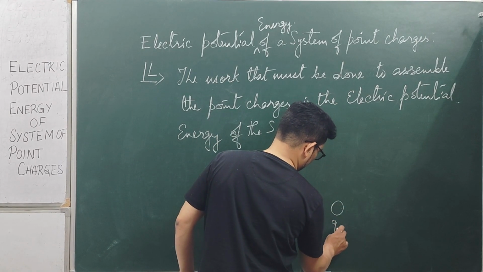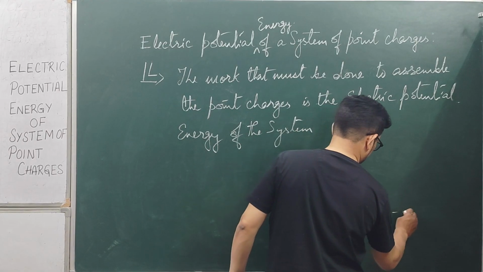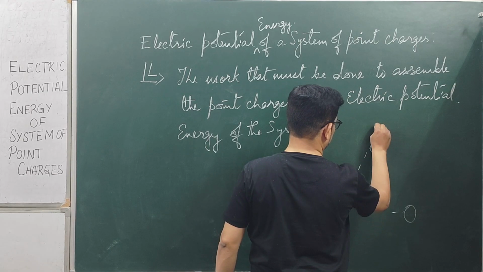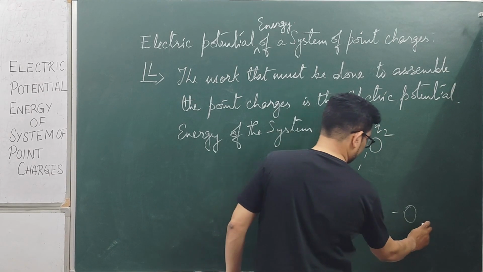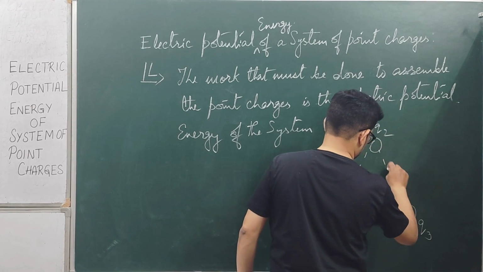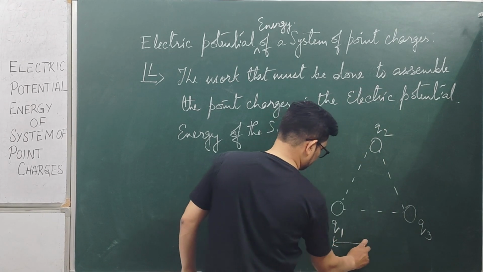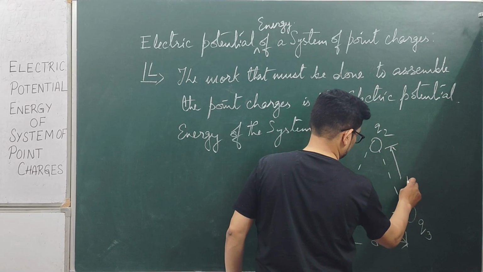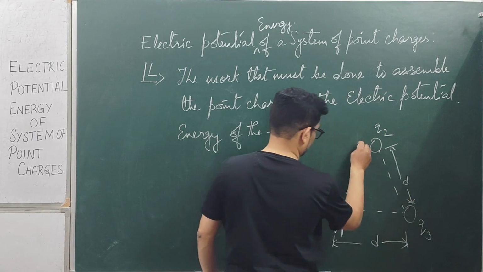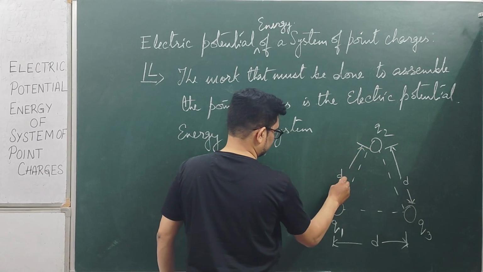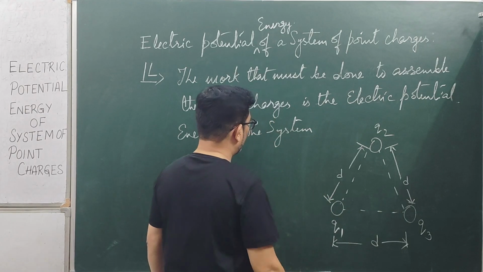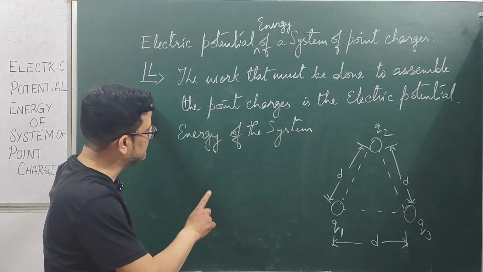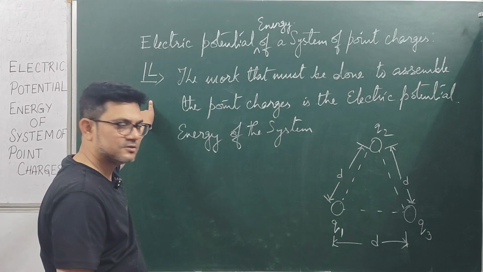Suppose here we have Q1, Q2, and Q3 in the form of a triangle, and for simplicity let's take equal distances, the distance being d. The work that must be done to assemble the point charges is the electric potential energy of the system.